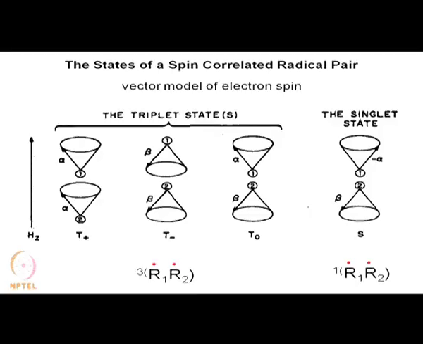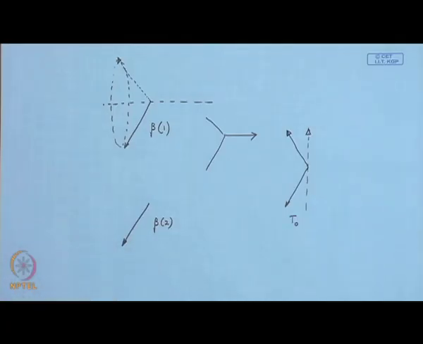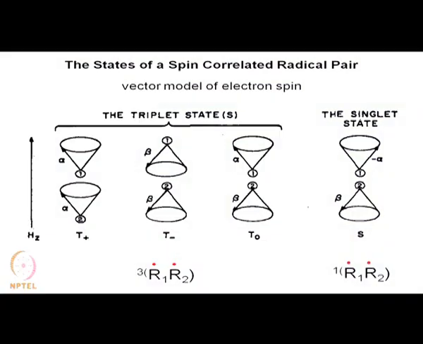So, conservation of angular momentum has been done in this way. So, it is nothing but a transition from T0 to T minus or T minus to T0. In the same way, you can have transition from T plus to T0.